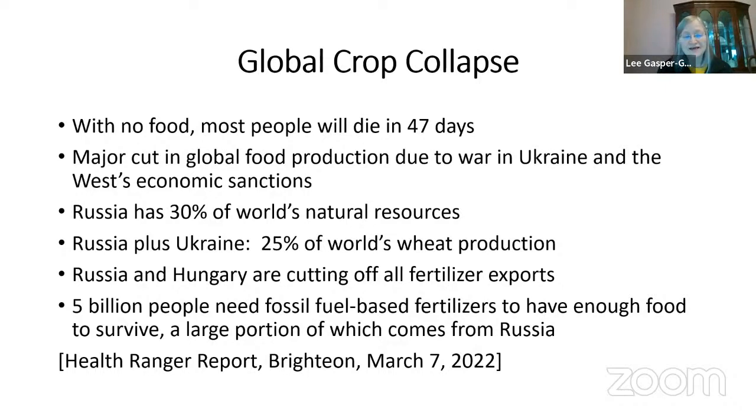So what you're saying there is, about two-thirds of the crops almost won't come up if you don't use the fossil fuel-based fertilizers. You're going to lose about two-thirds of your crop, Richard. That's the answer. Can I say something, Lee?